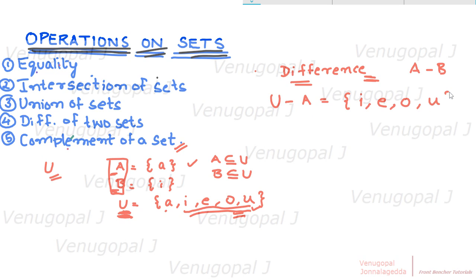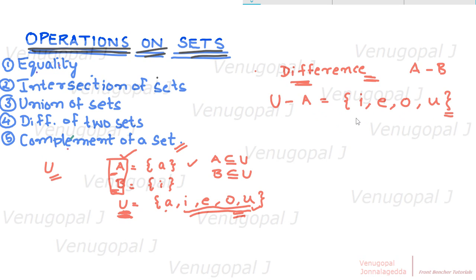So the set under consideration here is A, and with respect to A, we are forming a difference. The rule to find the difference: first you find the common element. Here the common element is A. So U minus A gives us basically the rest of all the elements.